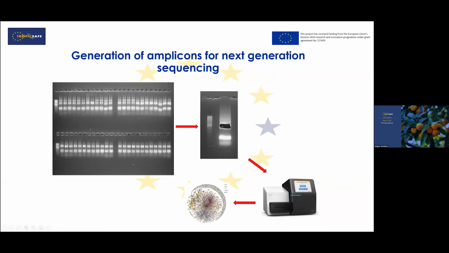And you see, it's not a beautiful PCR because we use quite low amplification temperatures to be sure that we catch everything. After the amplification, we pool all the samples, which all have a different tag so we can distinguish them later by sequencing. We ran the pool on a gel, cut out the band of interest, which is a little bit more than 500 base pairs, and then we did the sequencing and the data analysis.